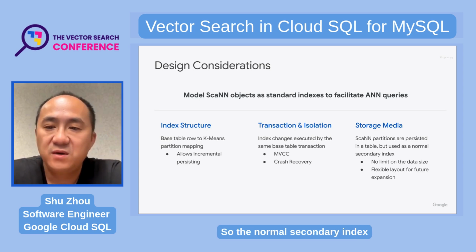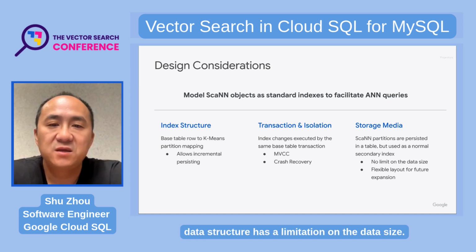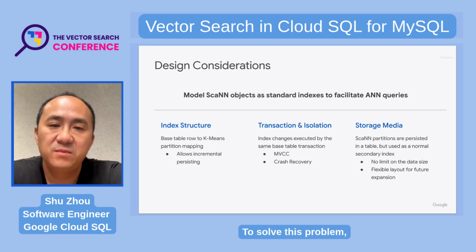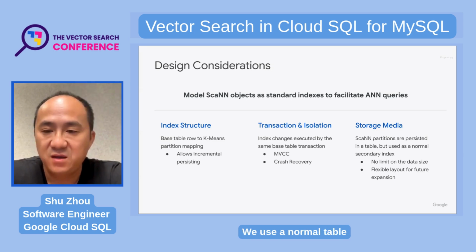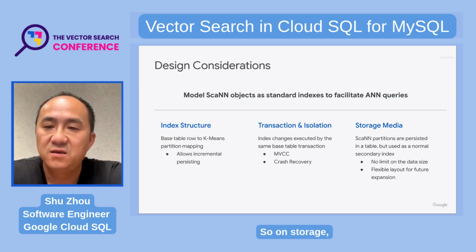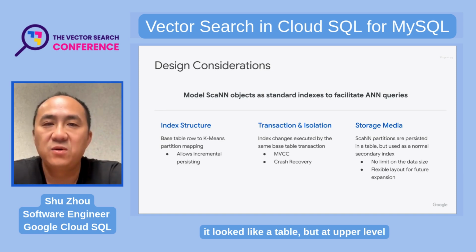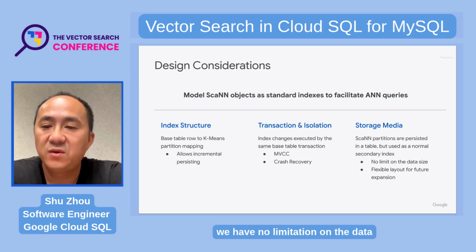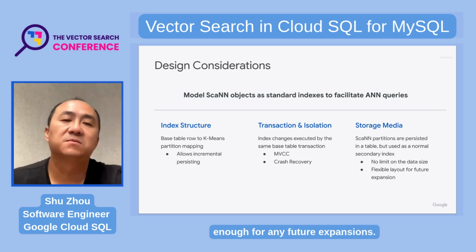So the normal secondary index data structure has a limitation on the data size. To solve this problem, we made an innovative design. We use a normal table to persist index data. So on storage, it looks like a table, but at the upper level usage, it is a secondary index. With that, we have no limitation on the data size, and this table structure is flexible enough for any future expansions.